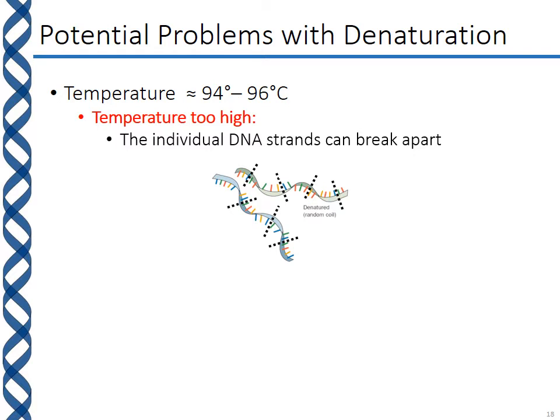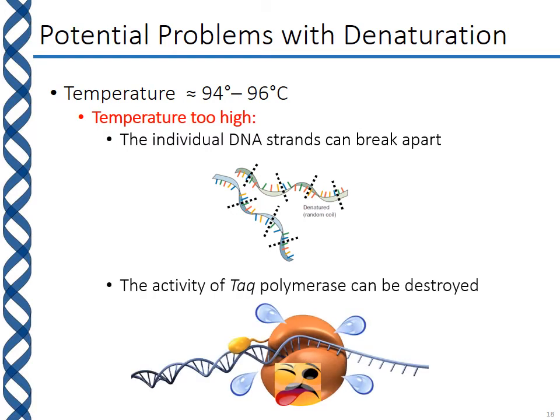However, high enough thermal energy can even break covalent bonds. And so even though the rest of the DNA backbone is covalently bonded, having too much energy or temperature in your PCR system can actually completely destroy the DNA strands.